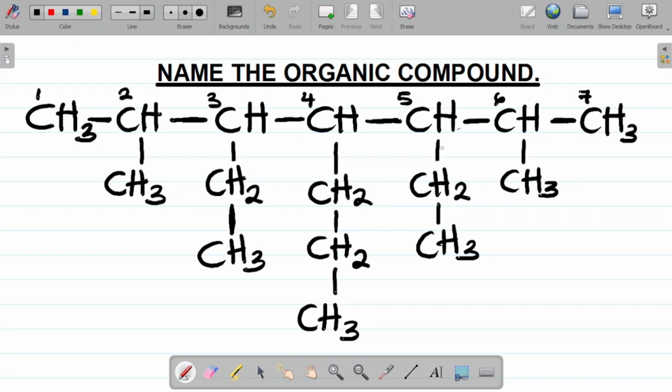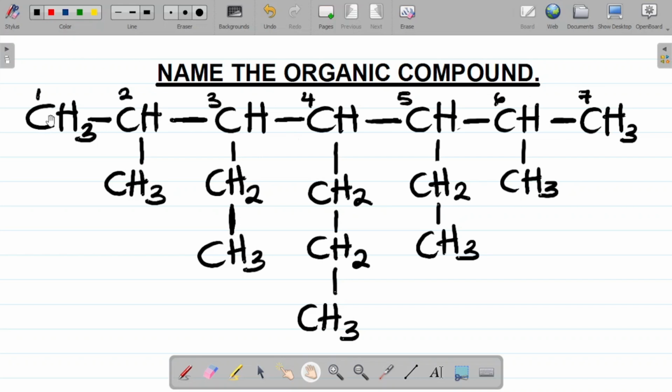Now, when it comes to naming a compound, your first rule is to get the longest continuous carbon chain. In this case, if I go 1, 2, 3, 4, 5, 6, 7, or I go 1, 2, 3, 4, 5, 6, 7, whichever way, 7 would be your longest continuous carbon chain.